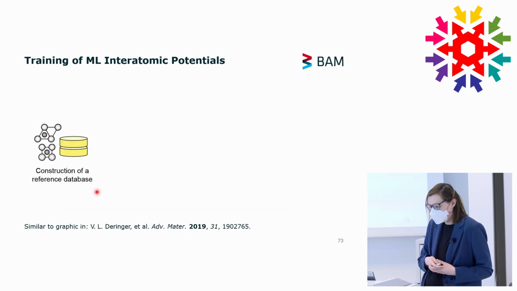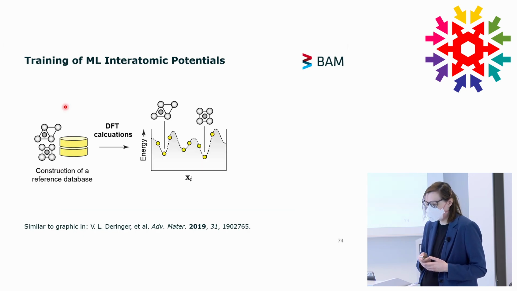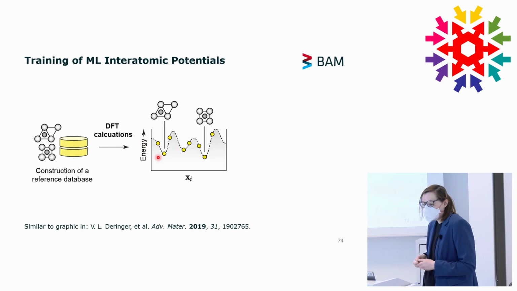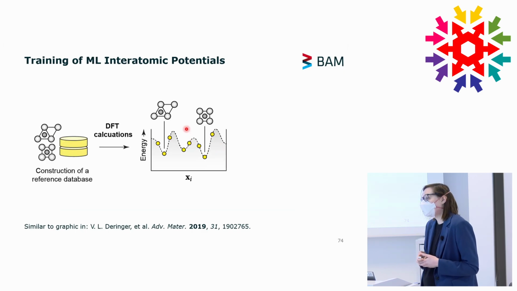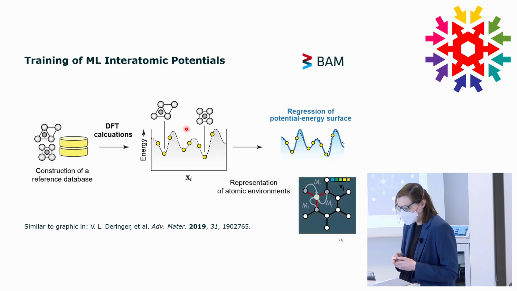To train them, we typically start with a reference database, as you do in machine learning, labeled most of the time with density functional theory calculations. And of course, we need to represent the potential energy surface as well as possible. This is probably one of the most challenging things to do, to make sure that you sample the potential energy surface in such a way that your ML potential is trained really well.